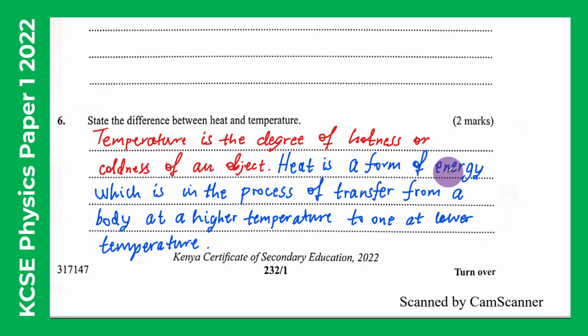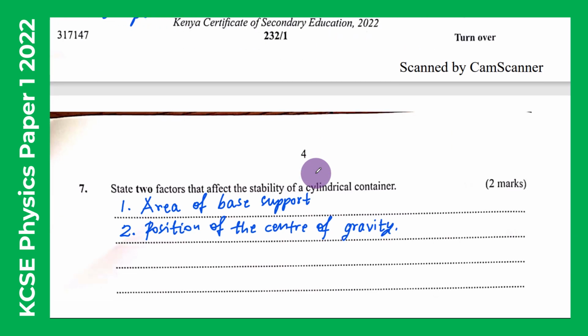Once it is in a body and that heat is no longer being transferred, it's no longer referred to as heat. It is given another term which we don't study here. It is given the term internal energy of the substance. So that is how that question is tackled.